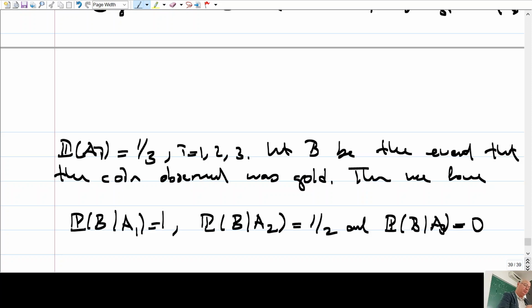Therefore, the probability that the observed coin will be gold is 1 over 2. And in the third one, both drawers contain silver coin. So the probability of the coin observed being gold is 0. All right.